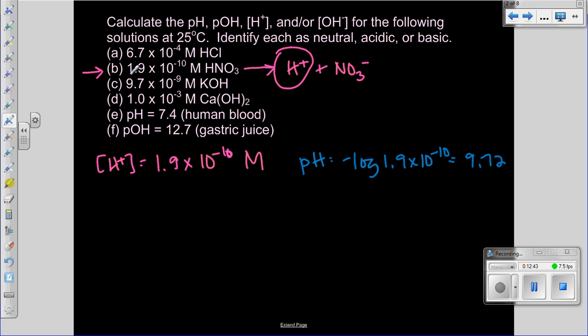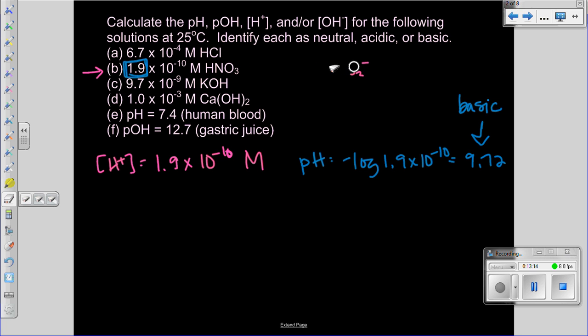I have two significant figures in my question, so that tells me for pH, I need 2 digits after the decimal. And this is basic. Okay, so you're probably thinking, how can I have a basic pH, because this is above 7, when I have an acid? This is a tricky one. I picked it on purpose. So everybody that quit watching probably should not have quit watching.